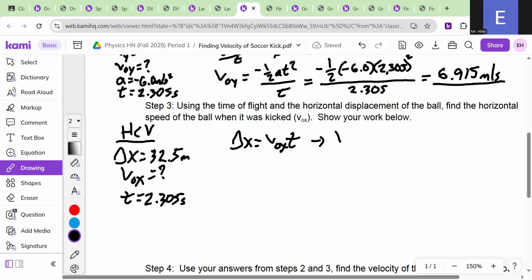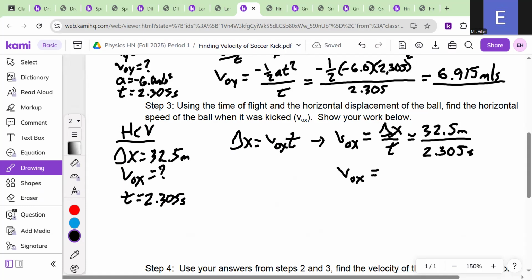If I divide by t, v naught x is delta x over t, which would be 32.5 meters over 2.305 seconds. Go ahead and divide those and get your v naught x. I'm getting about 14.1 meters per second.